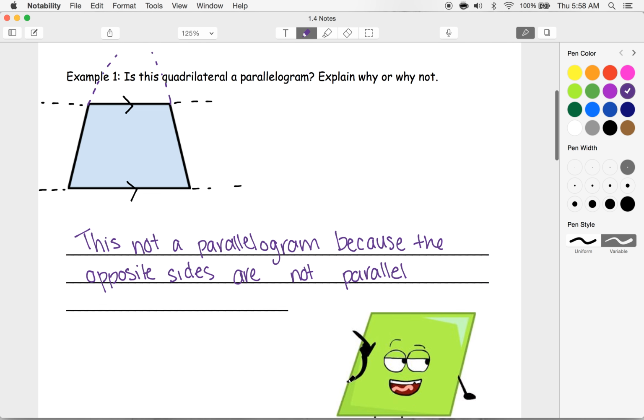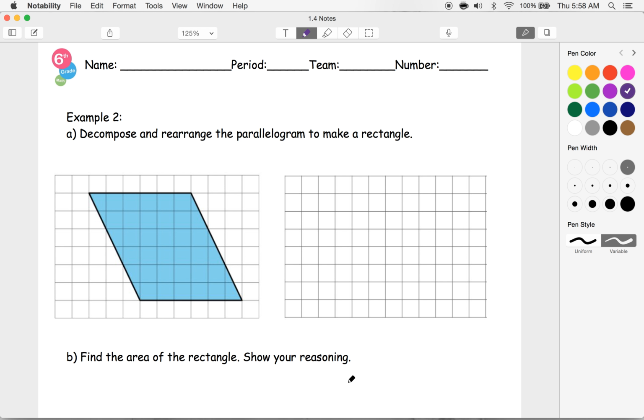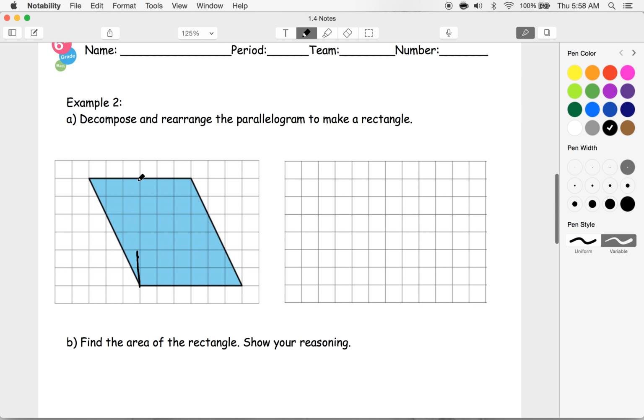All right, let's take a look at our next one. Now, we've talked about how we rearrange things the past couple days, decomposition and composition. And this one's interesting because there is a way that we can rearrange this to make it a shape that we know. So, if I come through here and I cut off this triangle right here, I'm trying to make my line as straight as possible.